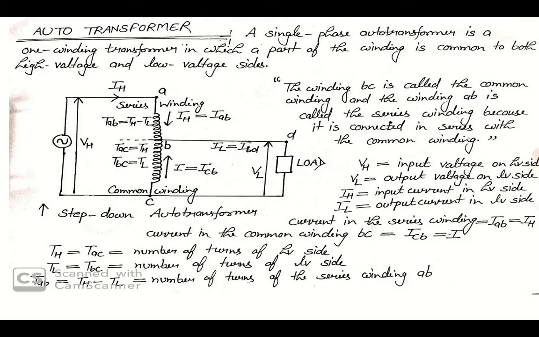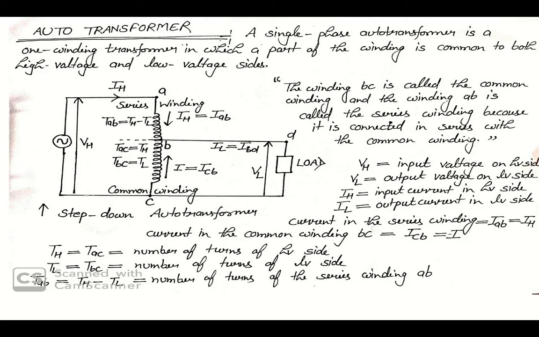The second advantage is that an auto transformer is smaller in size and cheaper than a two winding transformer of the same output. The third advantage is that, since there is a reduction in conductor and core materials, the ohmic losses in the conductor and the core losses are smaller, and the auto transformer has higher efficiency than the equivalent two winding transformer.